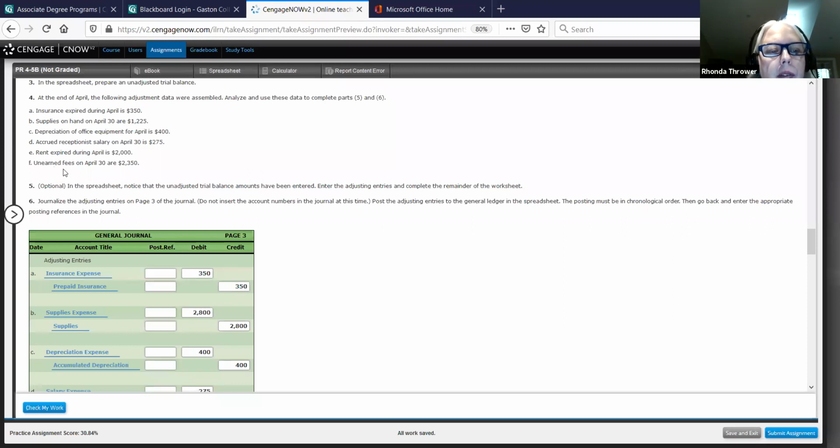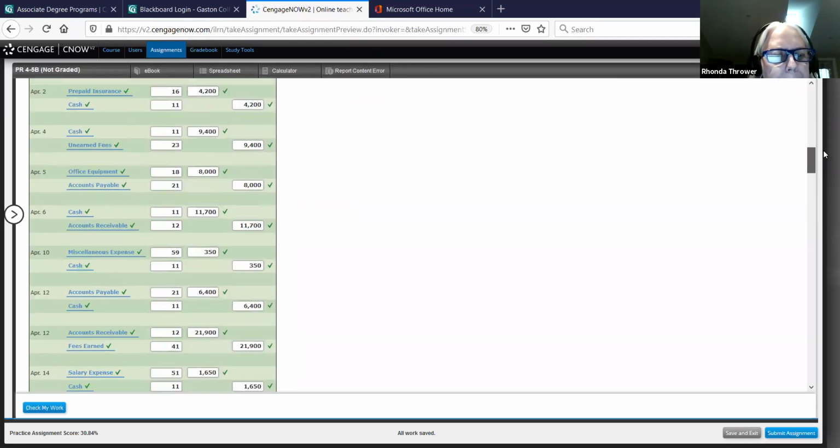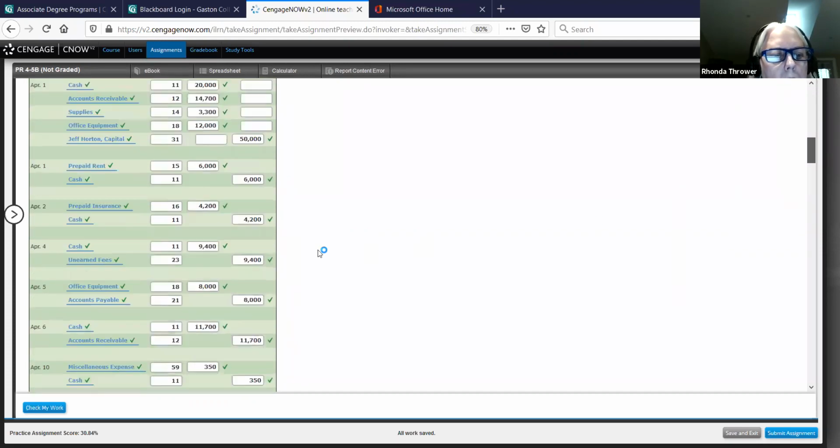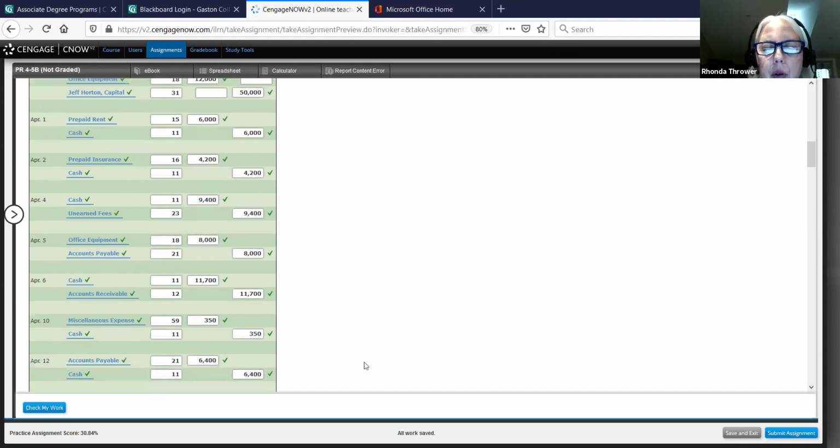So we've got unearned fees here of $23.50, and that's the balance in the unearned fees at the end of the period. Now you can see here that we created a transaction somewhere in here, right here, where we credited our unearned fees. So right now it has a balance of $9,400 in the unearned fees account. You could get that from your unadjusted trial balance.